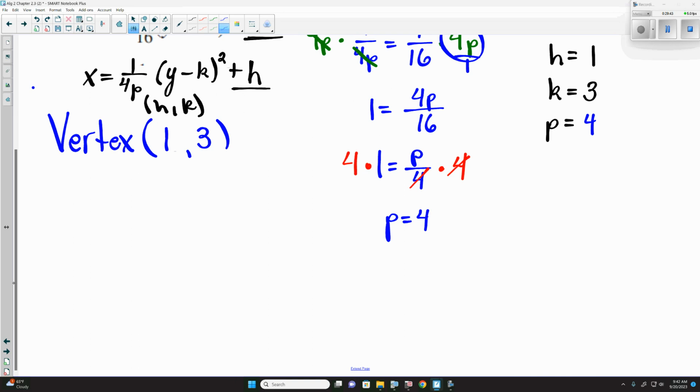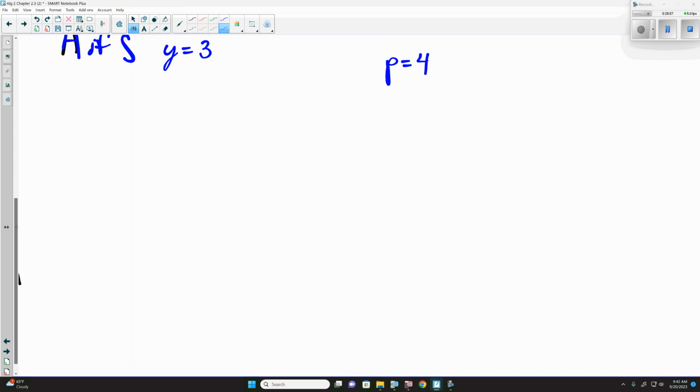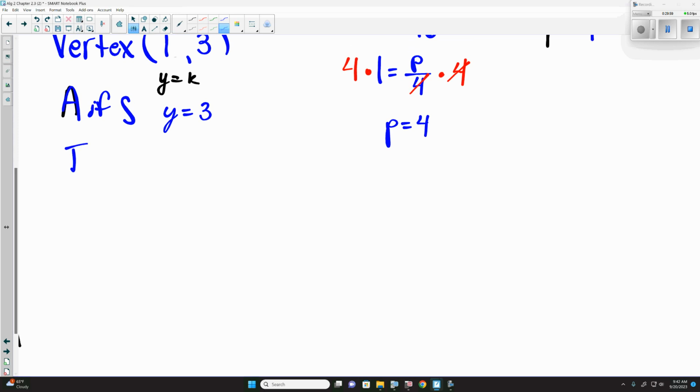Axis of symmetry. Yes. So this one here, it's y equals k. So y equals 3. Next one is the focus. And now we have h plus p comma k.